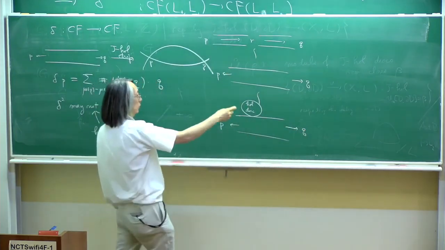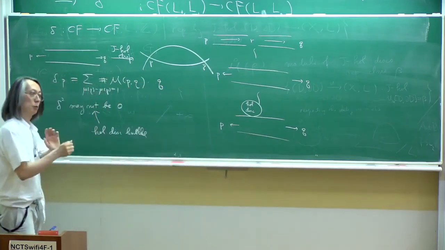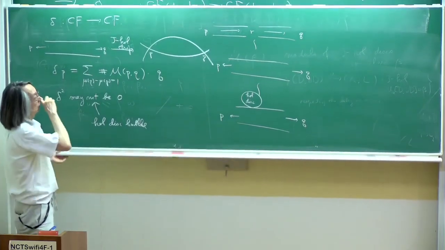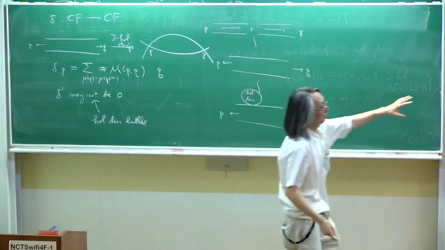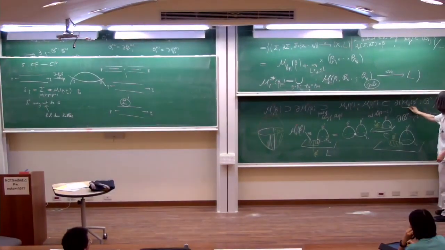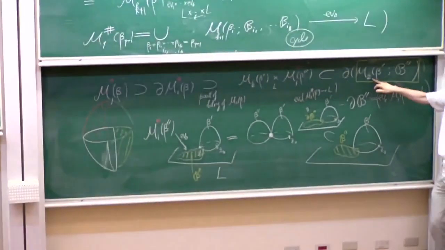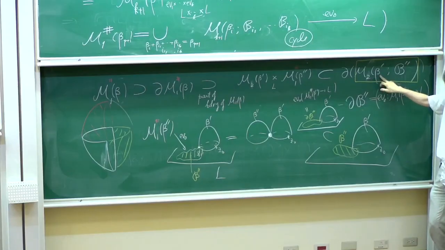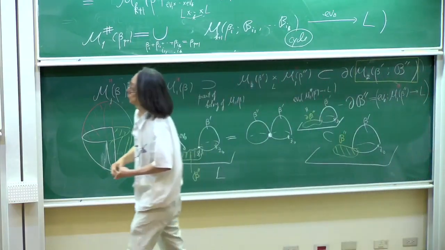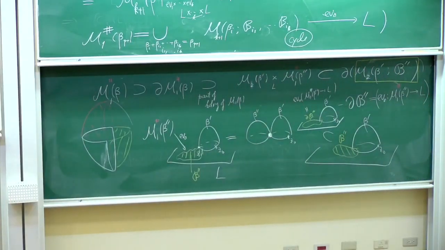And because of this, we may not be able to have delta square equal to 0. Right? So now I consider something similar to this. Here I consider this moduli space, the moduli space of holomorphic disks meeting this curly B. And this curly B is a boundary of this kind of stuff. So now we also consider something similar.